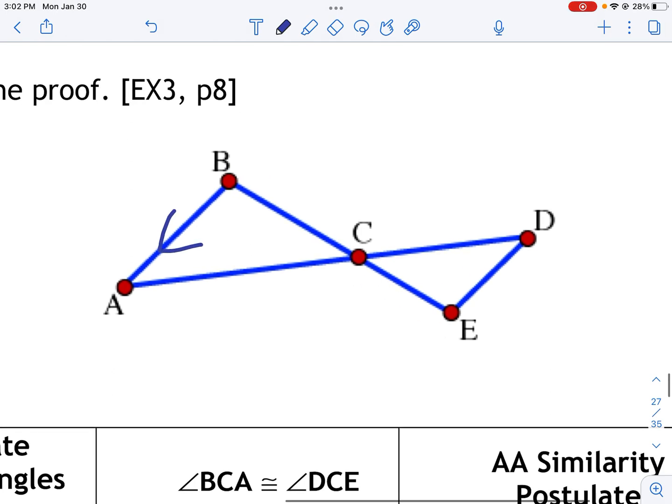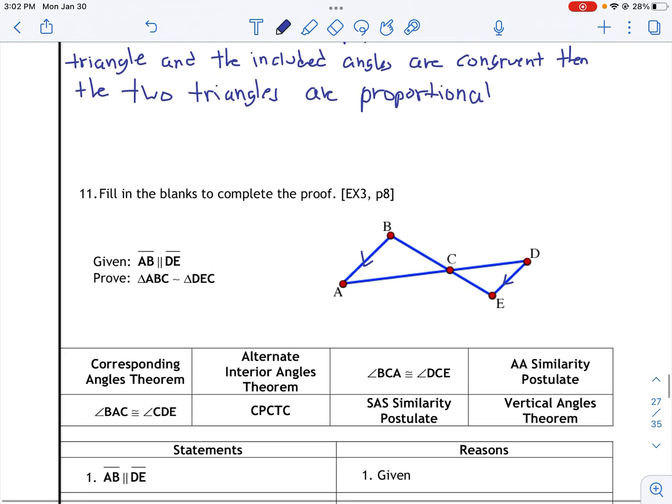So if we are given AB is parallel to DE, I'm going to mark that on here. We use the little caret, the little arrow symbols, however you like to think about it, to show that it is parallel.